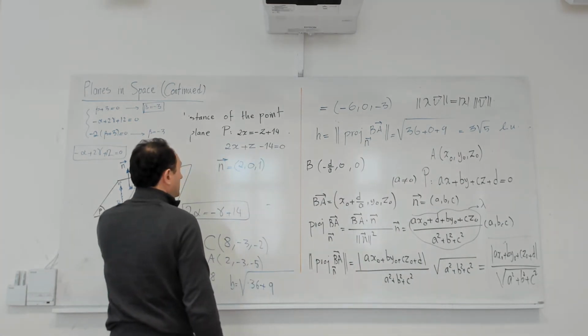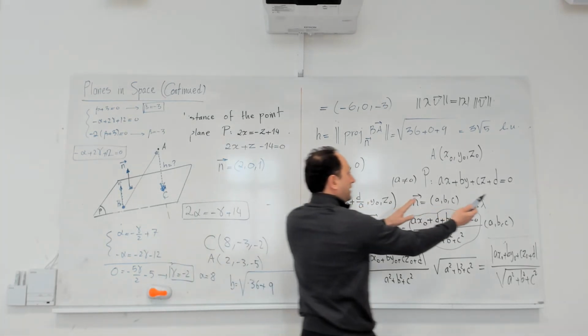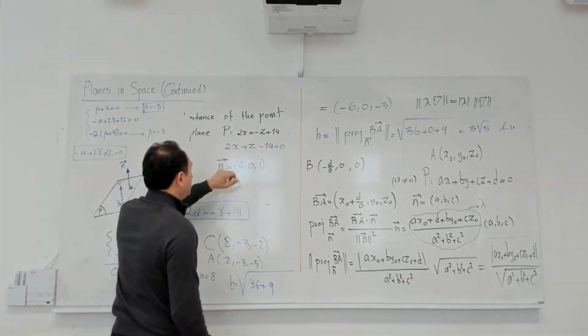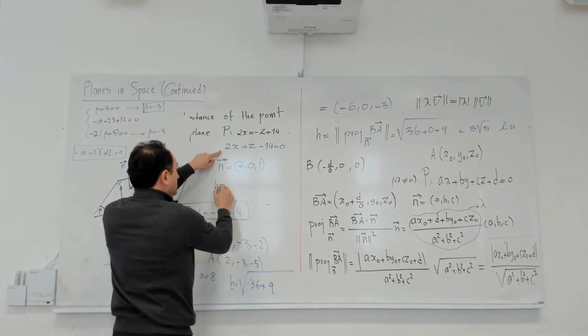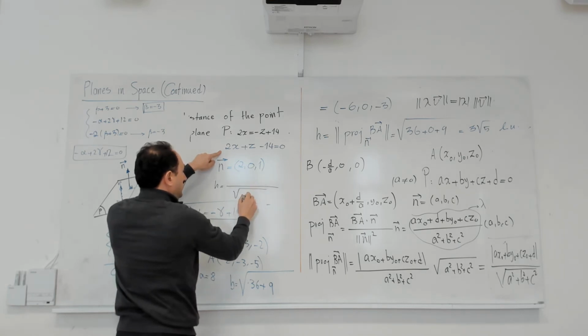The only thing you have to be careful about, if you want to use the formula, is that you have to move everything to the left. The right-hand side should be 0. In this case, I have already done that. So let us use this formula. I will have the square root of this number squared, this number squared, this number squared: 4 plus 0 plus 1.